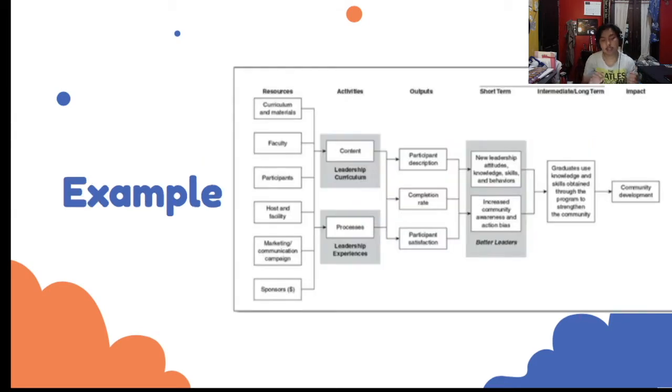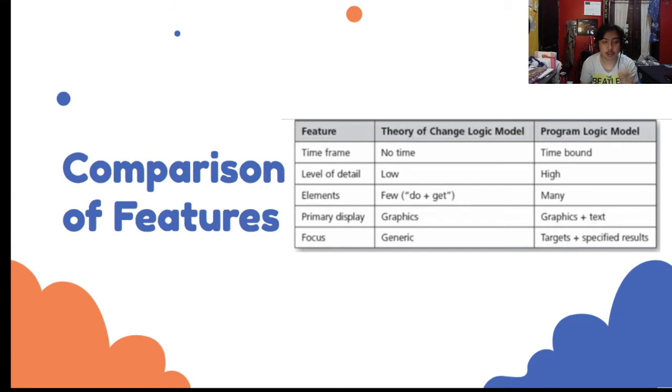Here's the example. As I mentioned earlier, it has more processes and is more specific, even though it's the same case as the example provided for the theory of change. Here's a short comparison of features between the two. You can see more detail in the program logic one and not in the theory of change.